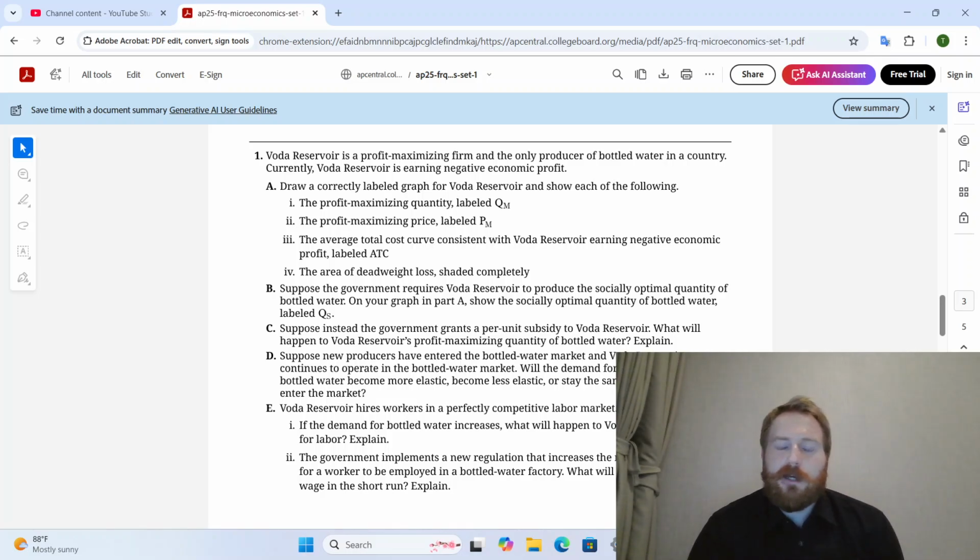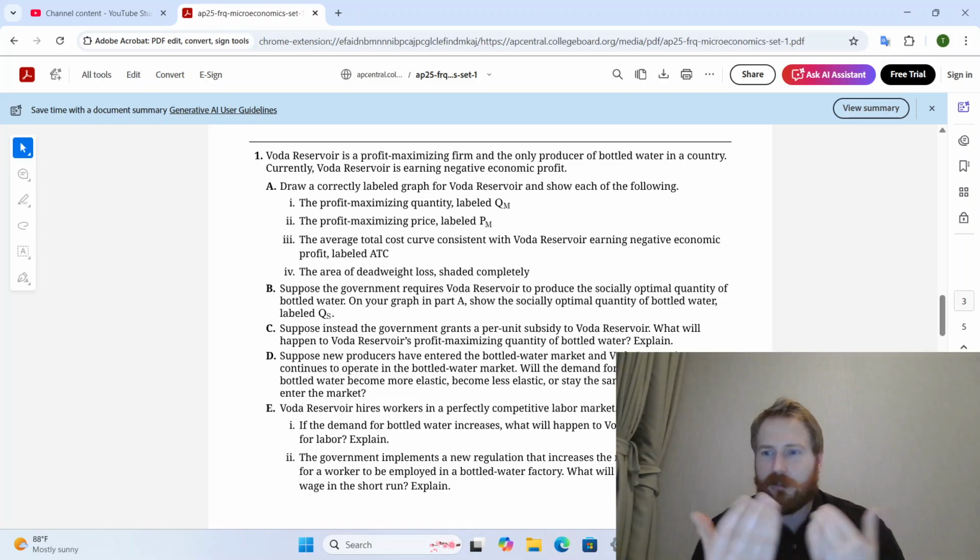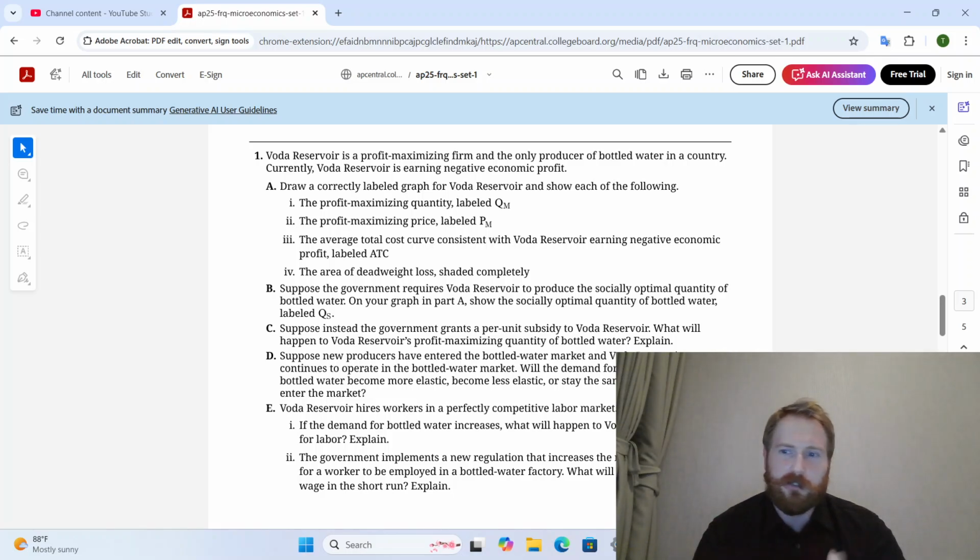So if the demand for bottled water increases, what will happen to Voda Reserve's demand for labor? If we're in a perfectly competitive market, we're just in a simple supply and demand, so just think of it as simple supply and demand. Voda Reserve's demand for labor increases, because the increased demand for bottled water increases the price and marginal revenue of the bottle of water, increasing the marginal revenue product of labor.